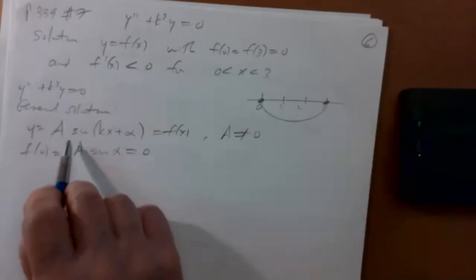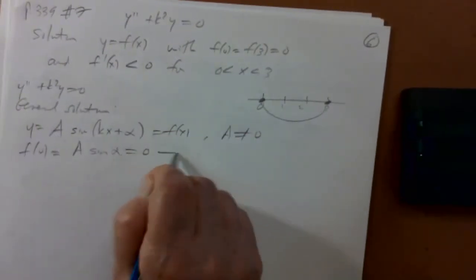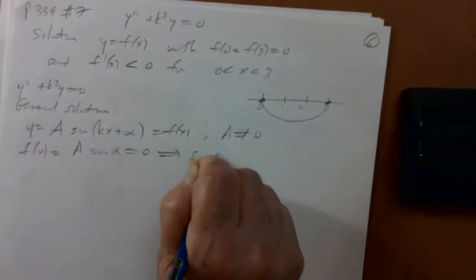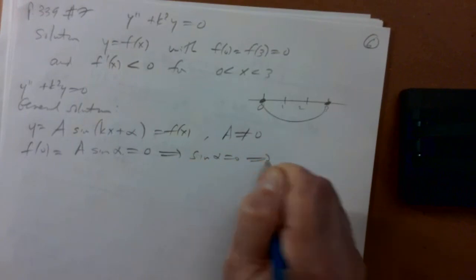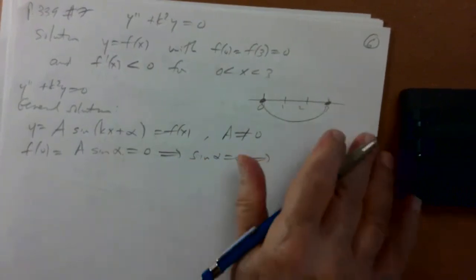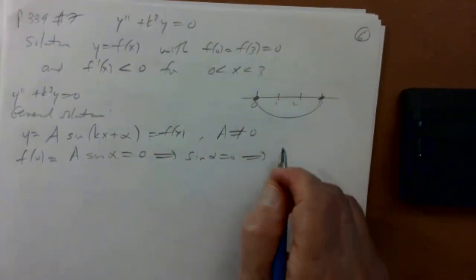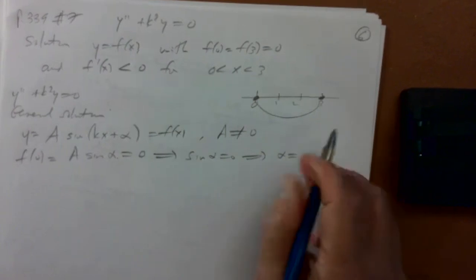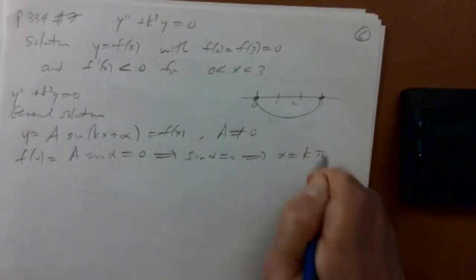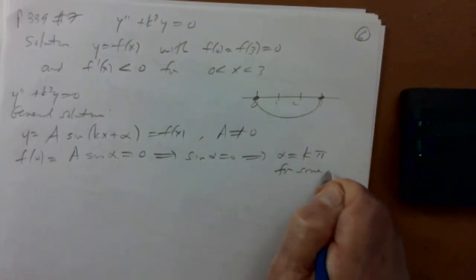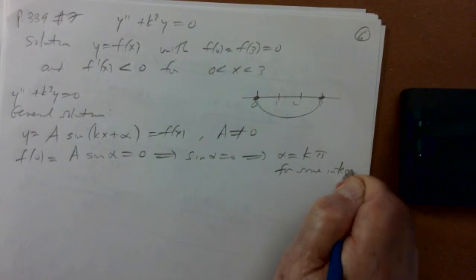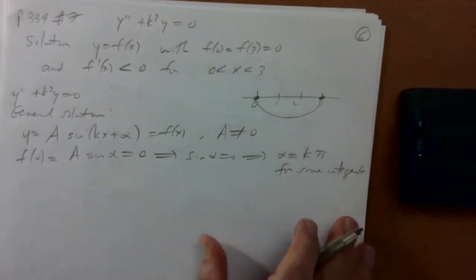So f of 0 is a sine alpha is 0. That means that the sine of alpha is 0, which means what angles have sine 0? Alpha is some multiple of pi. So it's k times pi for some integer k.